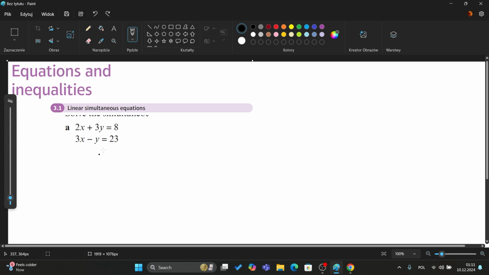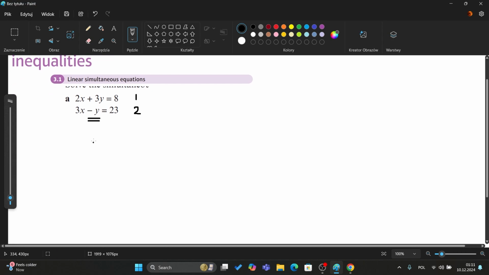So what happens here is that we have equation 1 and 2, and my equation number 2 has y on its own, so that's what I'm targeting. What I can do is make 3x minus 23 equal to y by moving y to the other side and 23 to the other. Now I've got 3x minus 23 equal to y.